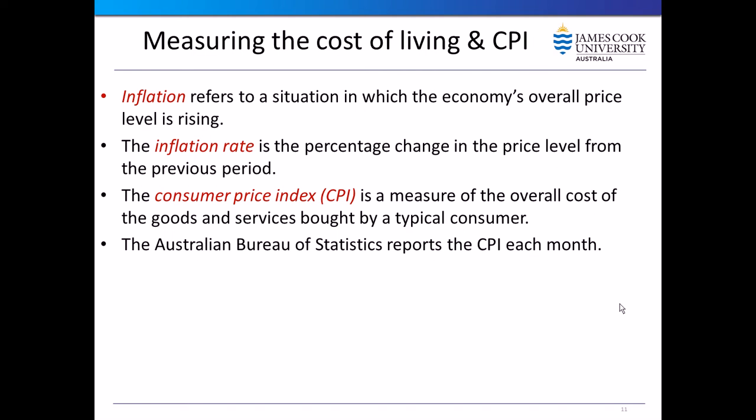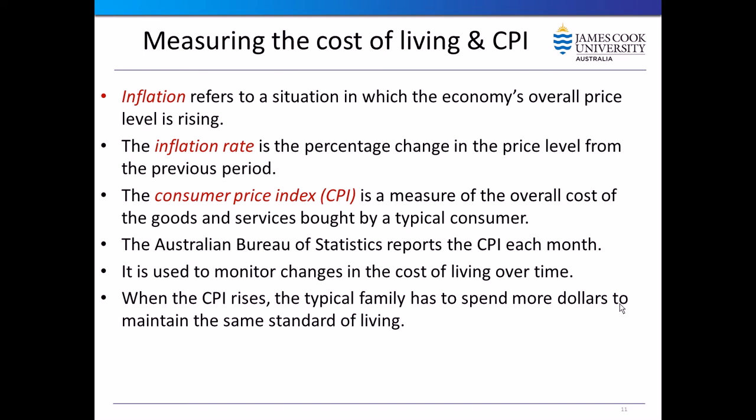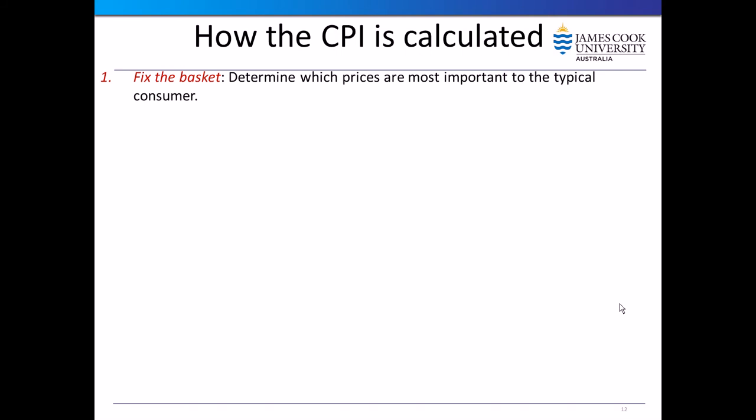It is used to monitor changes in the cost of living over time. So when CPI rises, it means a typical family will have to spend more dollars to maintain the same standard of living. Okay, there are several steps that ABS follows to calculate CPI.